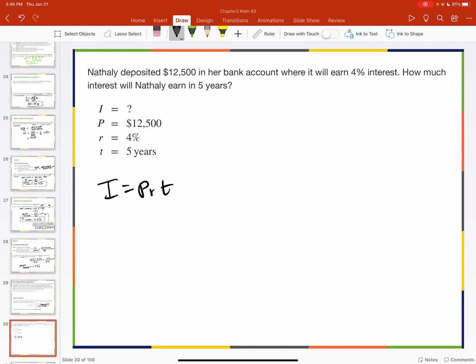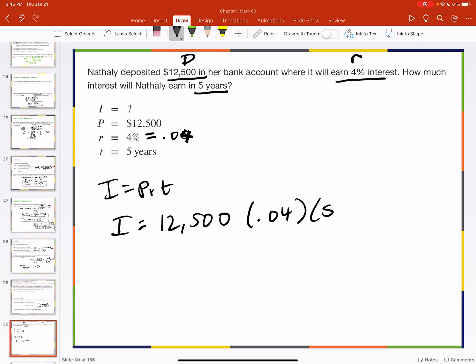Okay, so Natalie deposited $12,500 in her bank account, so that's the principal, where it will earn 4% interest, so that's the rate. How much interest will she earn in 5 years? So the rate expressed as a decimal is 0.04. So I is equal to PRT, so I is going to be 12,500 times 0.04 times 5.